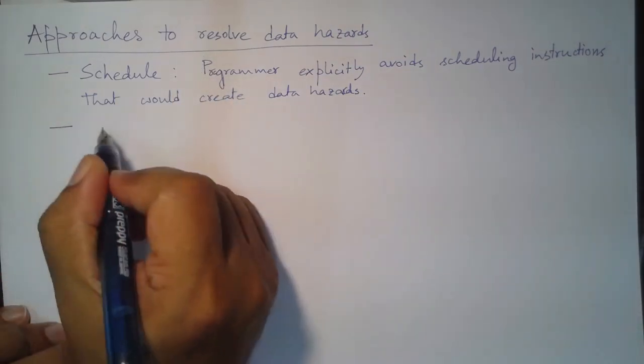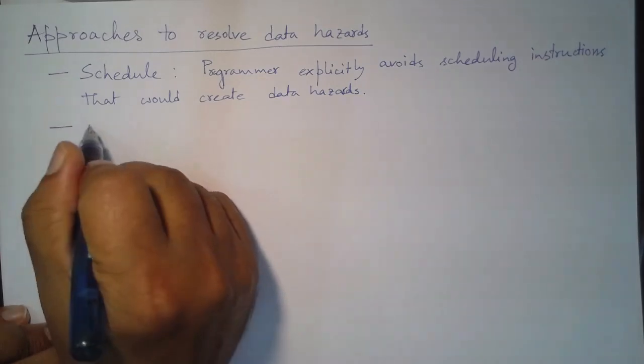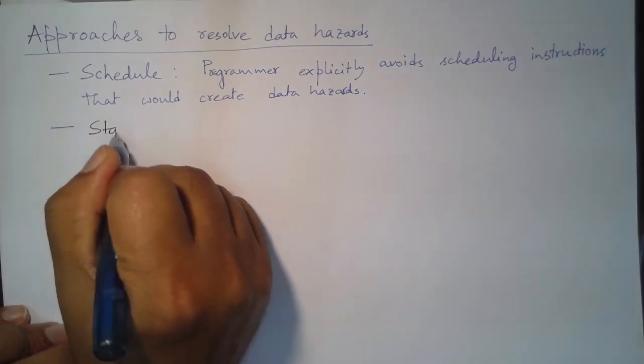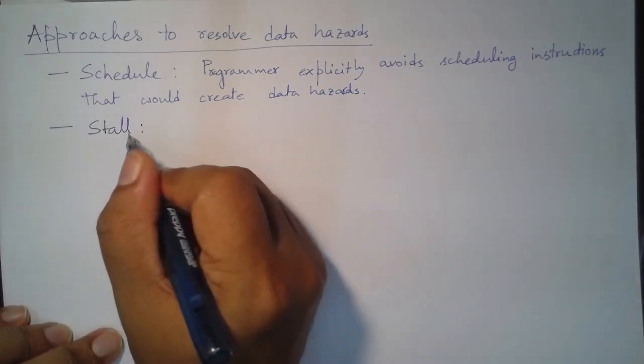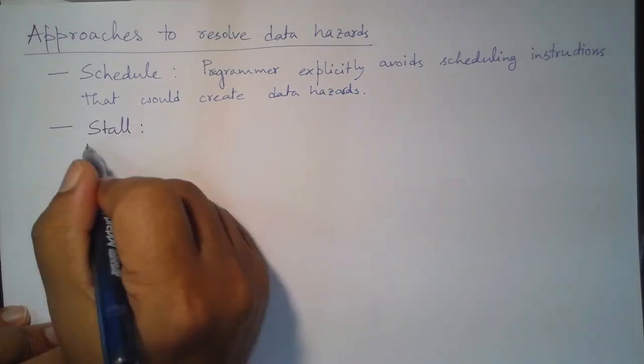A more popular approach is called stall. It is also sometimes called interlocking.